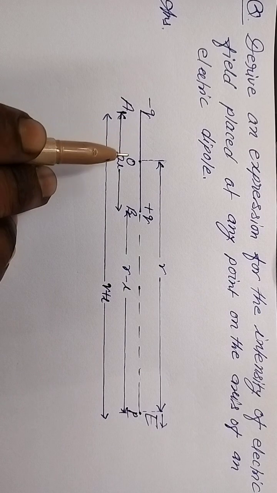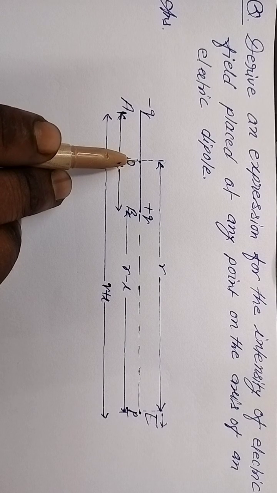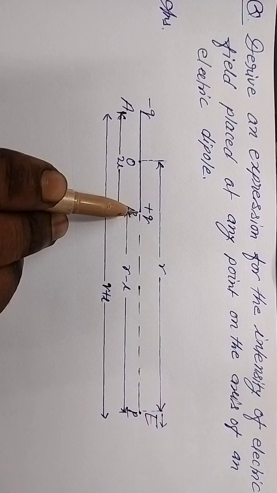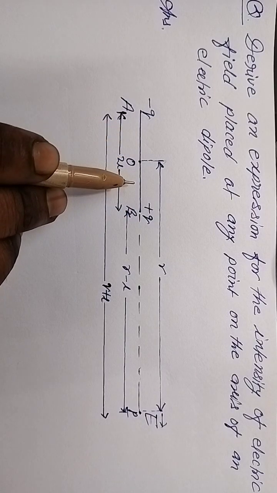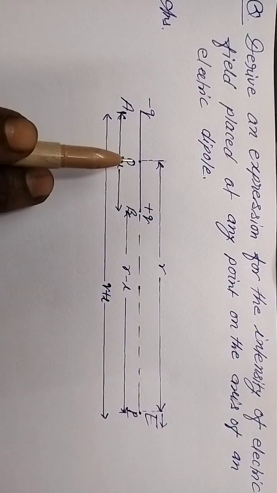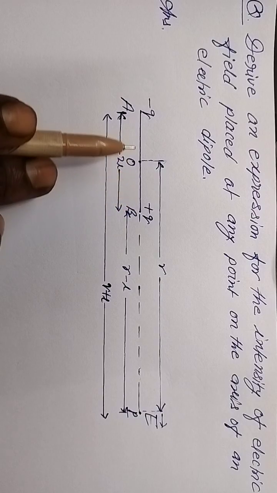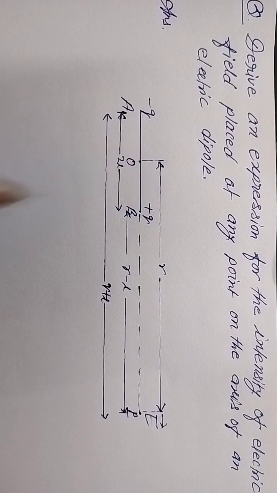So the middle point is O, and the distance from the middle point O to either B or A is L. The length from the middle point of the electric dipole to a charge will be L.